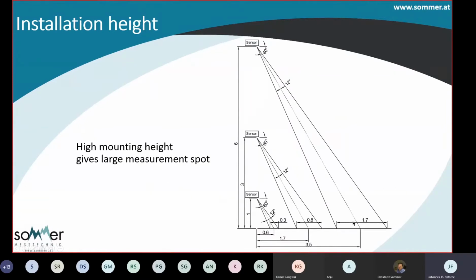And also on large rivers where you have a big water surface, installing the sensor higher up will get a better average of the flow velocity on the surface than when installing it at a very low installation height. But this very much depends on the available structures and on the available location you have to install your sensor.